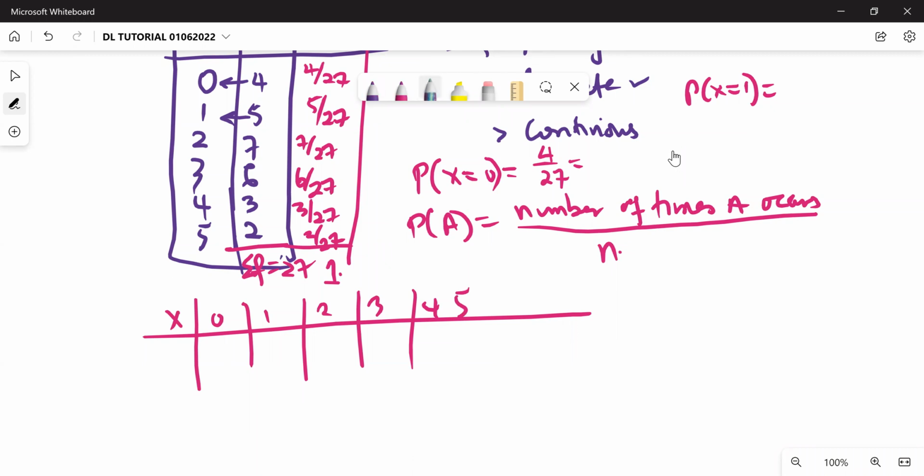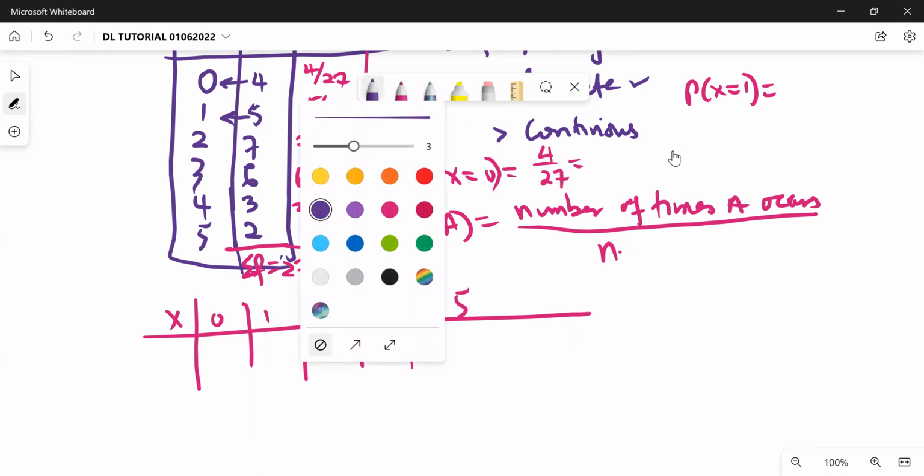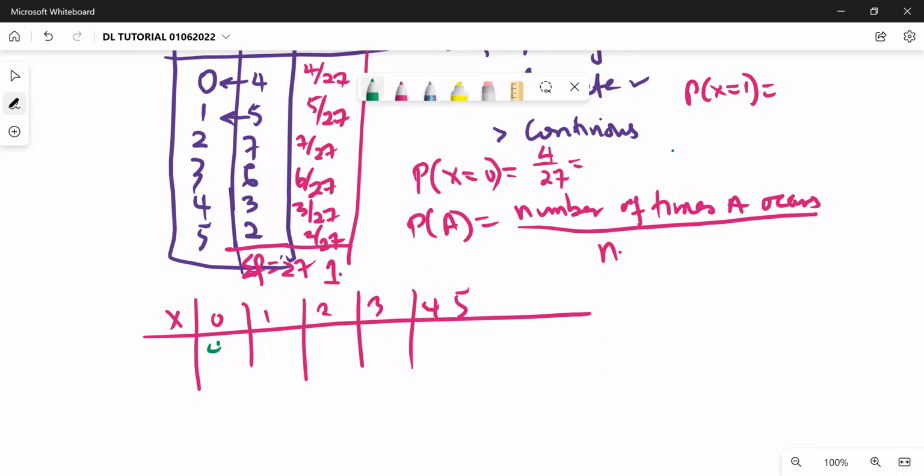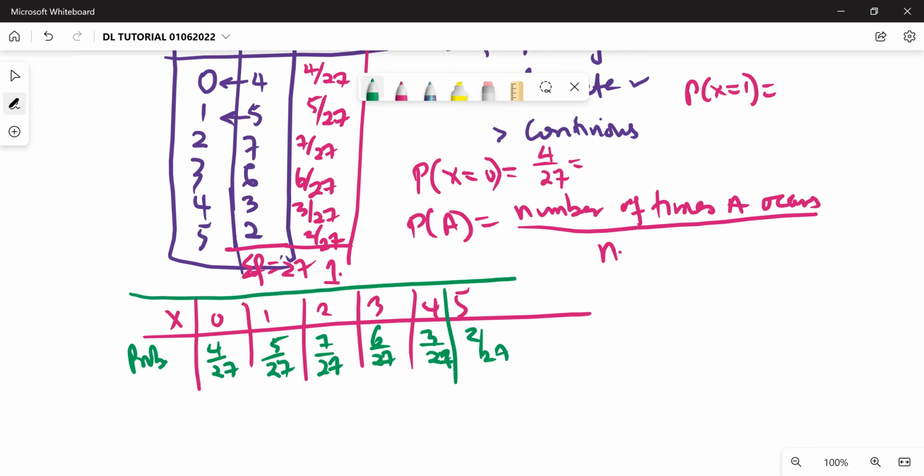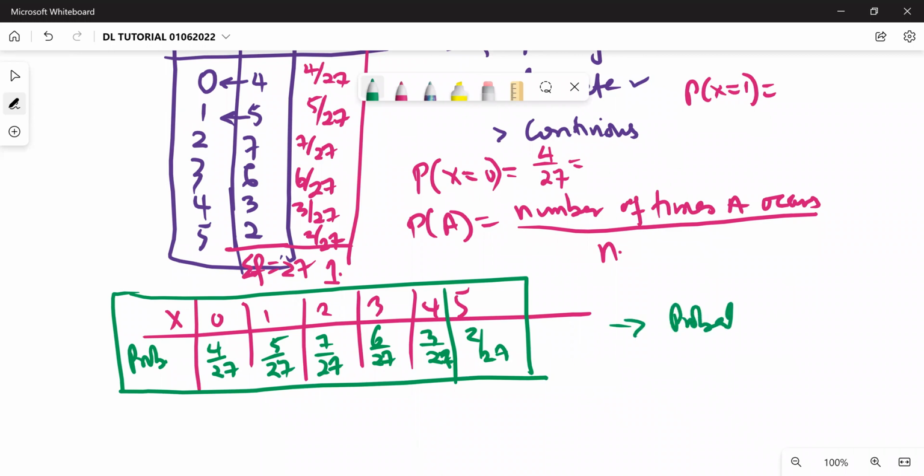And here we have the values, the probabilities: 4 out of 27, 5 over 27, 7 over 27, 6 over 27, 3 over 27, and then we have 2 over 27. So this is a simple example of a probability distribution.